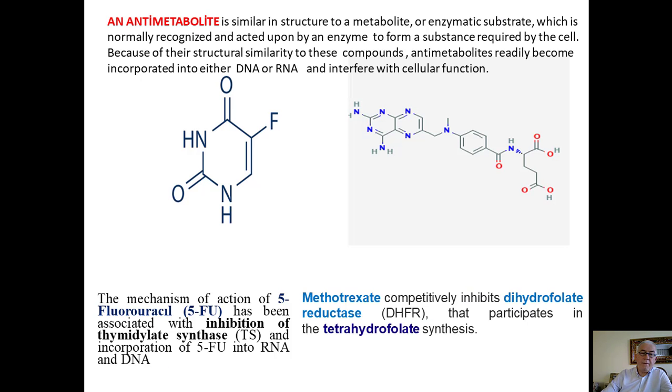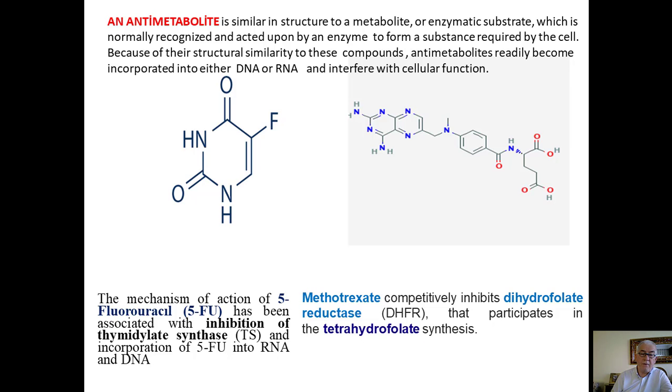Another one is some molecules that have purine and pyrimidine structure and are called anti-metabolites. Anti-metabolites are molecules similar to the substrate of a key enzyme and inhibit this enzyme in very important chemical reactions.